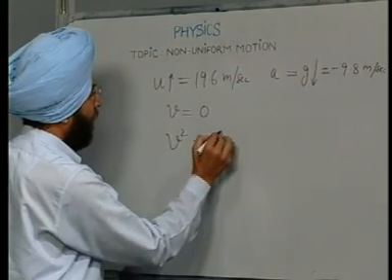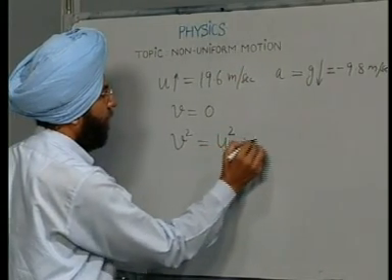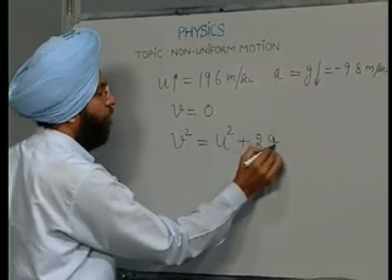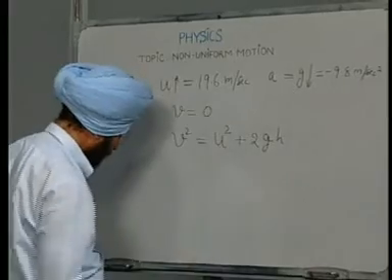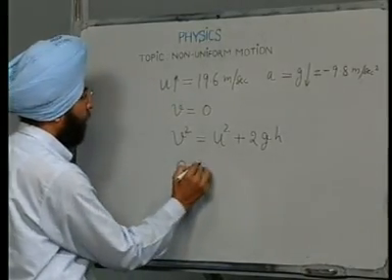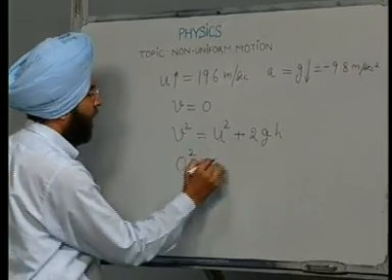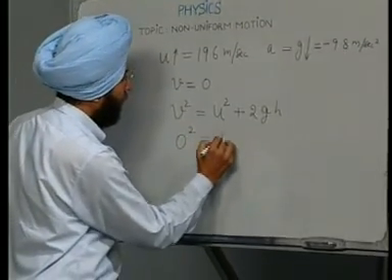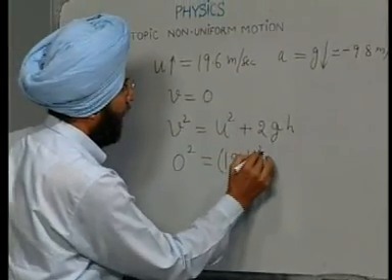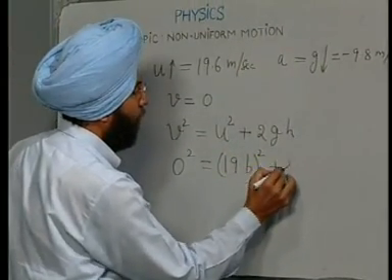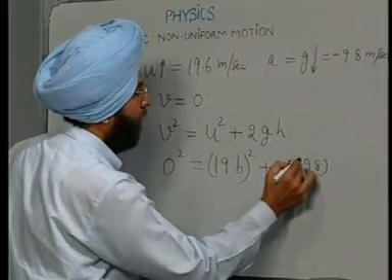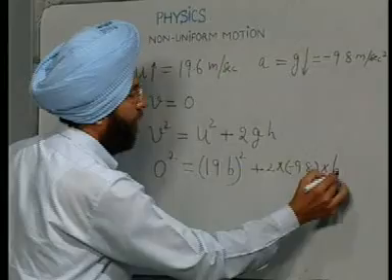v square is equal to u square plus 2 a s. a is g and s is h. So, v is 0, 0 square, u is 19.6 square plus 2 into minus 9.8 into h.